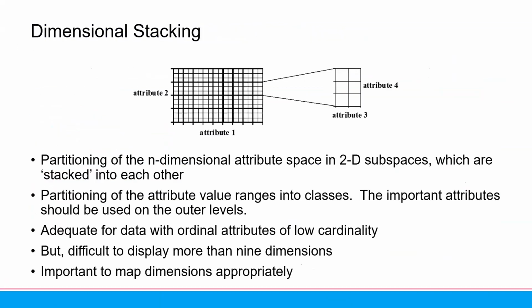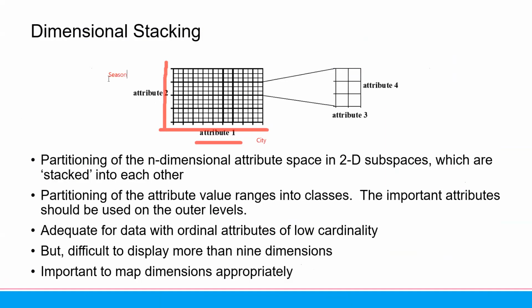Dimensional stacking. What does it mean by dimensional stacking? Let's say I have two attributes, attribute 1 and attribute 2. Let's say this attribute is maybe city, and attribute 2 maybe season.